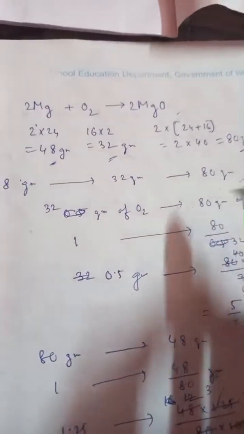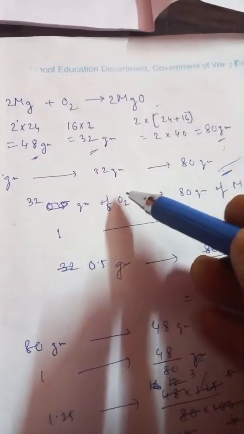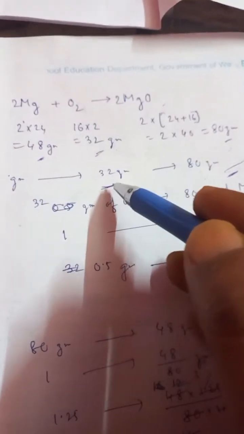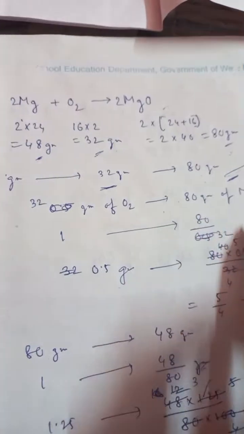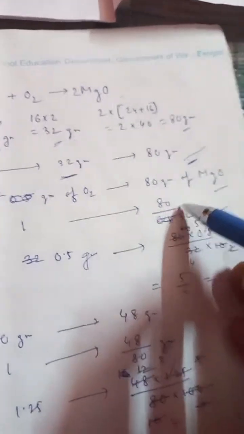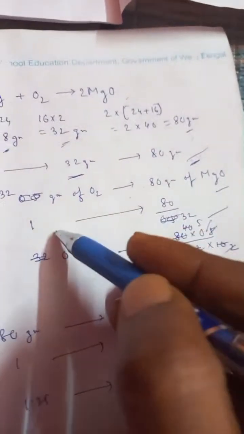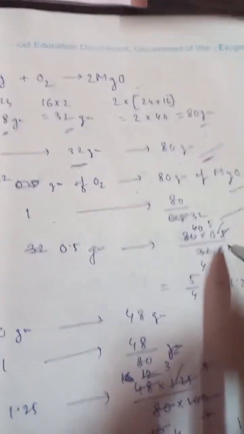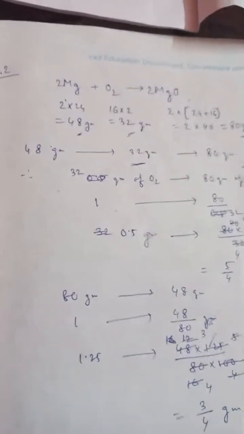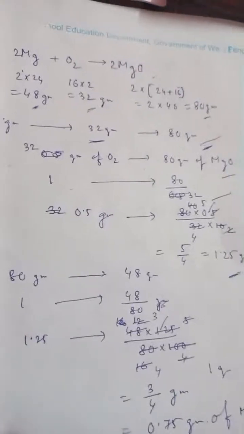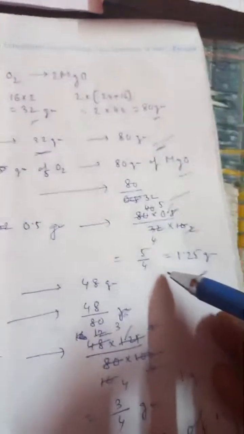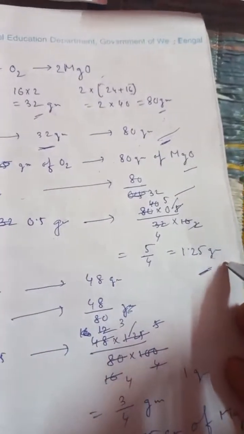Now if we reverse this, 32 gram of oxygen fully forms 80 gram of magnesium oxide, then 1 gram of oxygen forms 80 by 32 gram of magnesium oxide. Now 0.5 gram of oxygen forms 5 by 4, that is 1.25 gram of magnesium oxide.